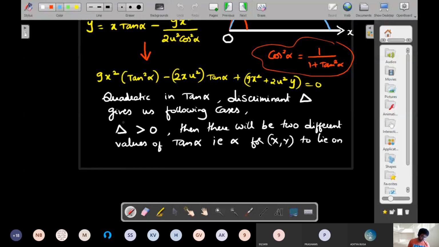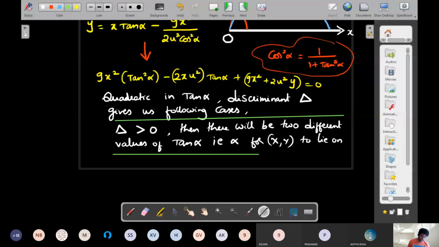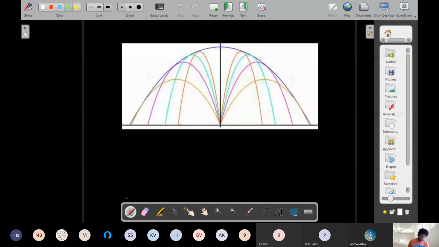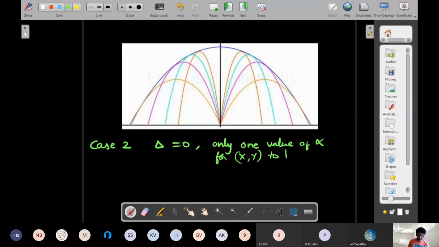So this is your case 1. So we'll go to the next page. In case 2, where delta is equal to 0, there is only one value of alpha for (x, y) to lie on it.